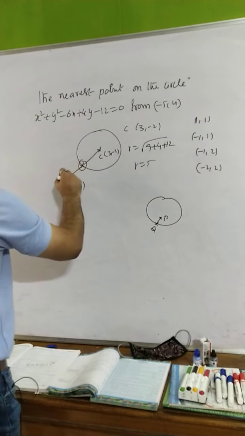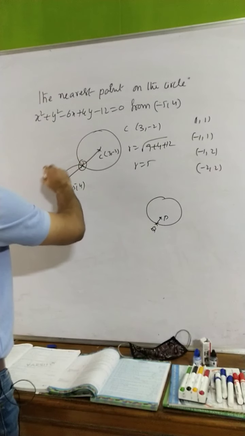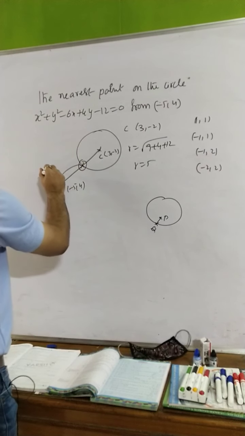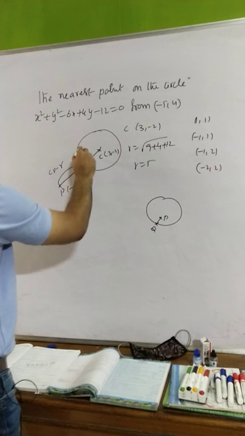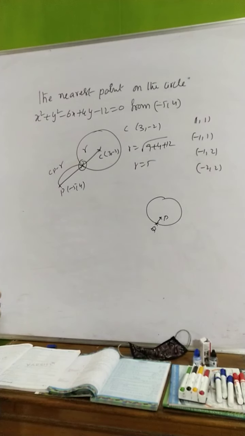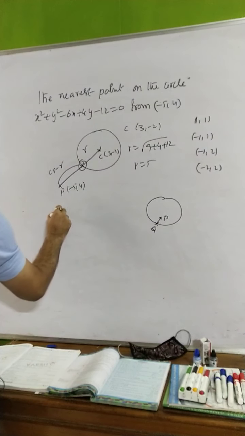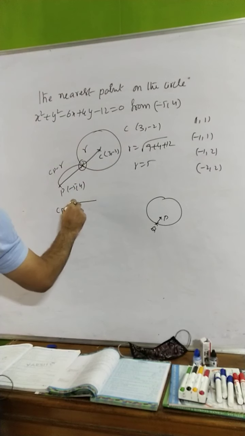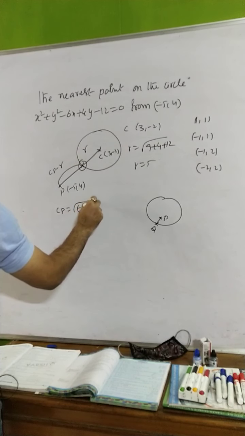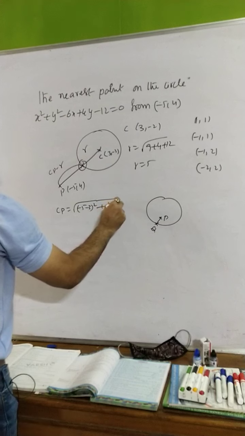What we are doing here now, you see this distance. This distance is CP minus R. And this distance is R. Right. So now what is the CP distance here? Just check it out: the square root of (-5 minus 3) whole square plus (4 plus 2) whole square.